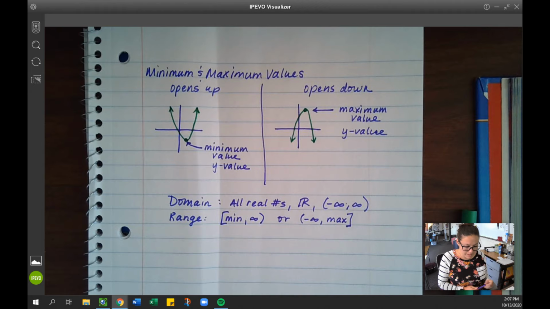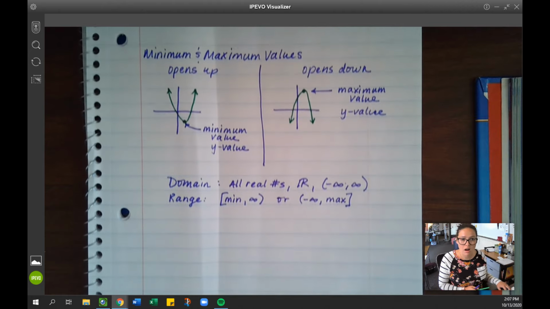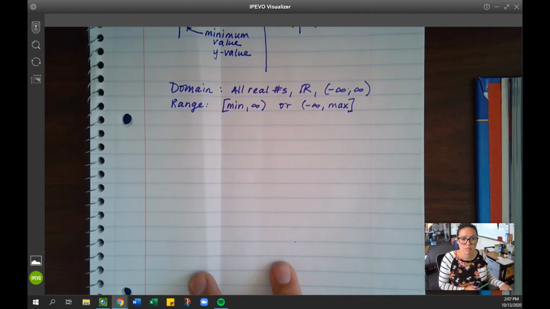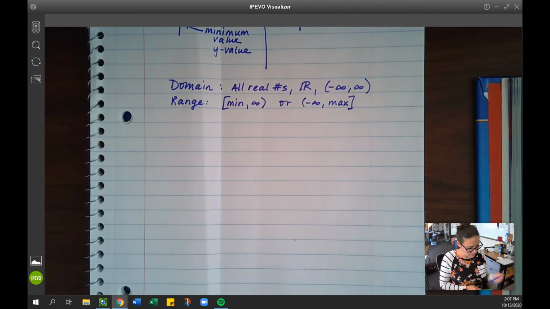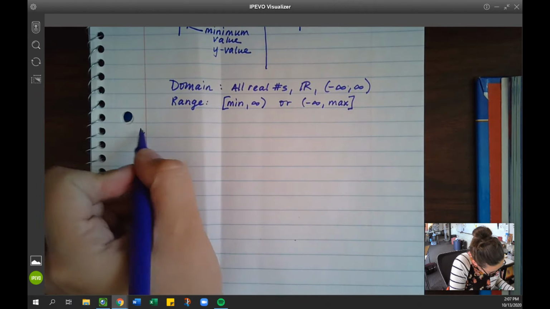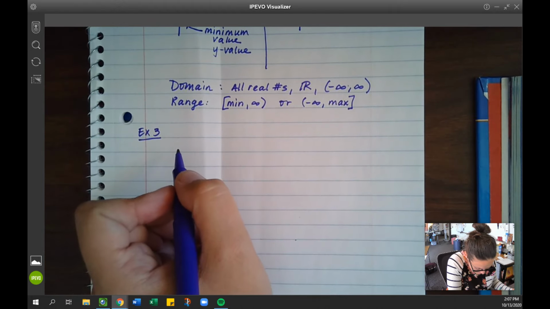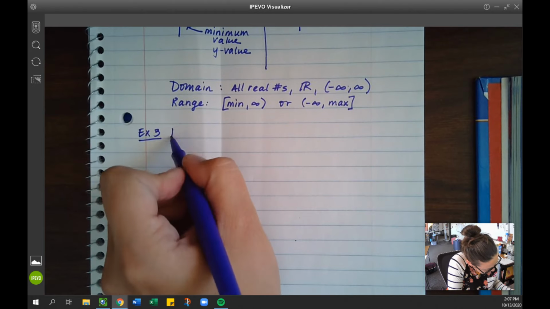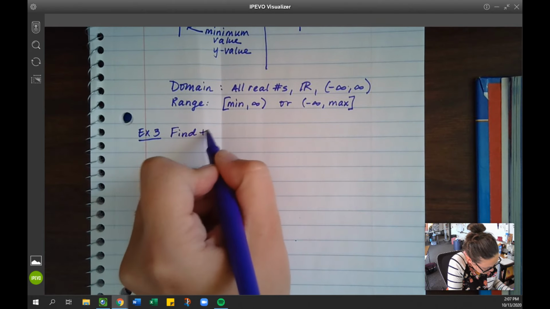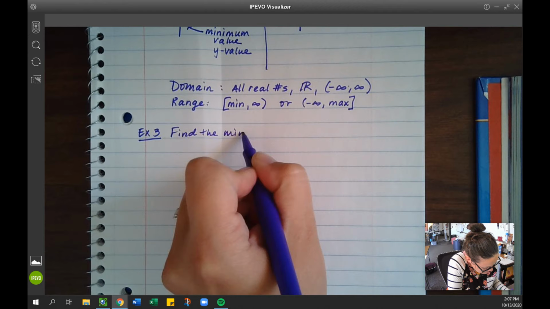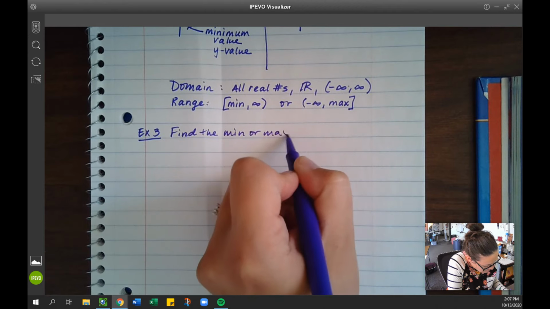So let's try an example for this one here. Find the min or max.